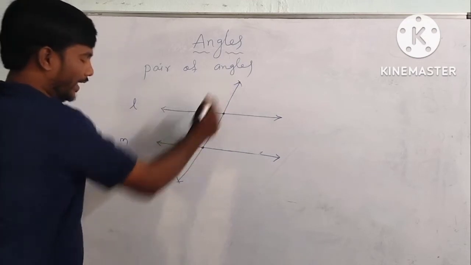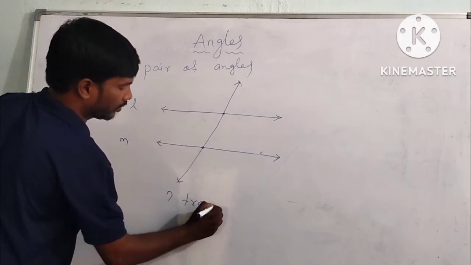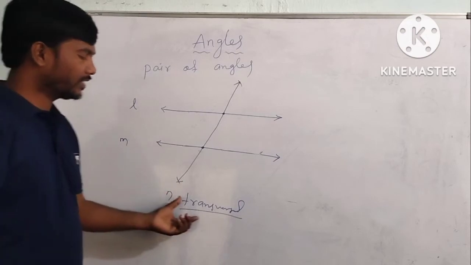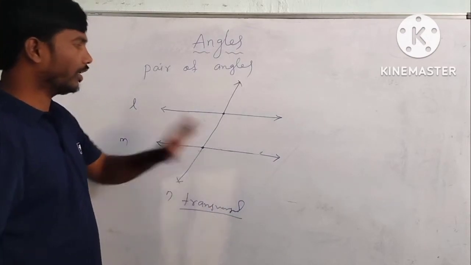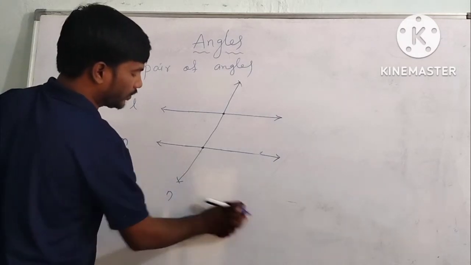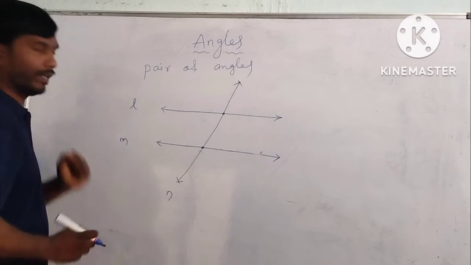So this line N is called a transversal. This transversal N is intersecting both the L and M lines.